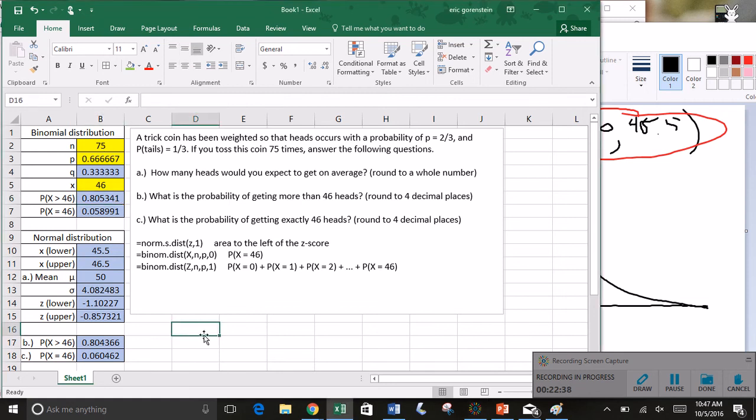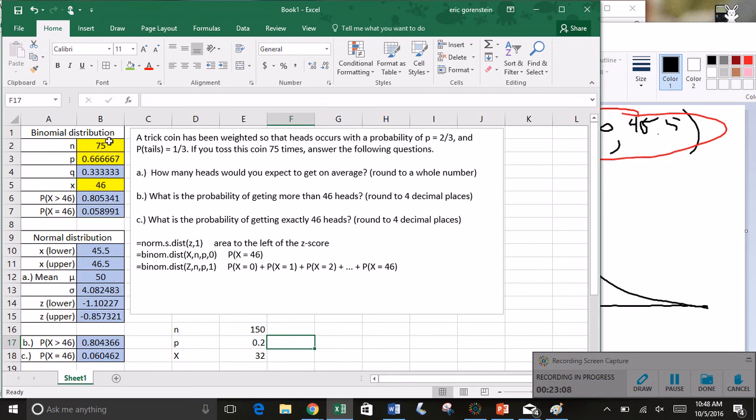So let's say I'm doing a different problem with n, p, and x. Let's say n is 150, p is 20%, and x is 32. So let's say I have a different problem, same type of problem, a binomial distribution approximated by the normal distribution.